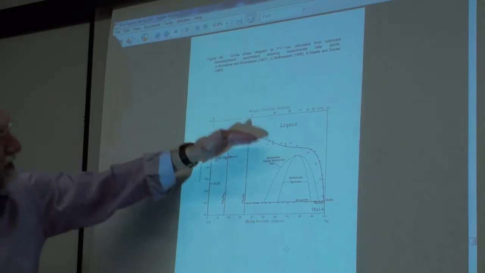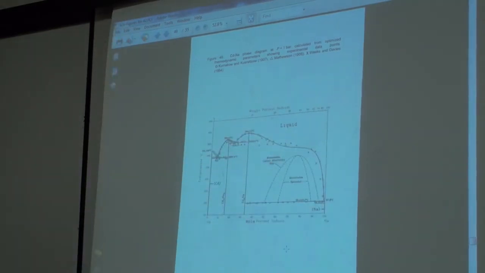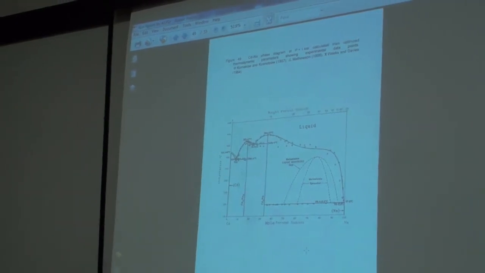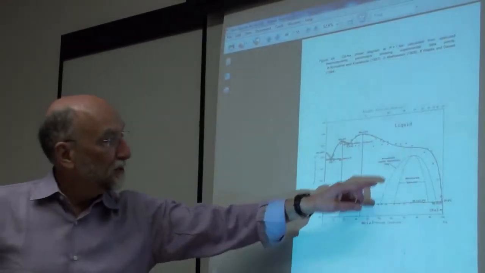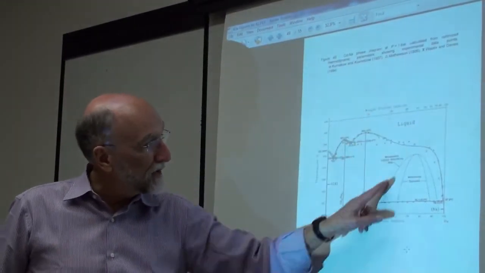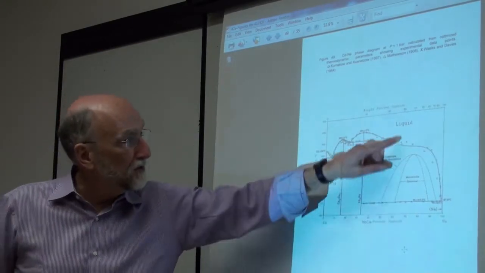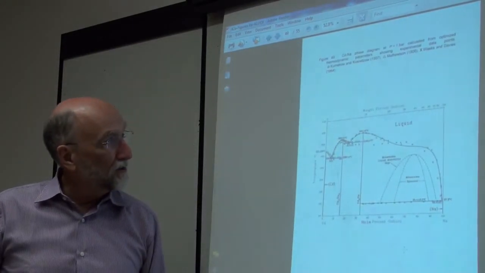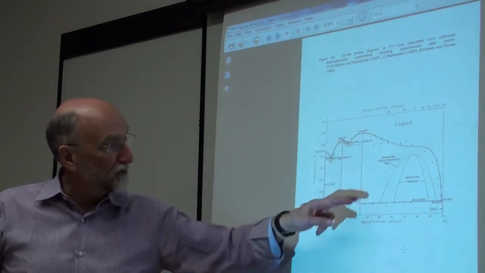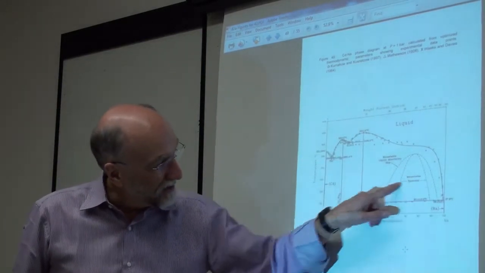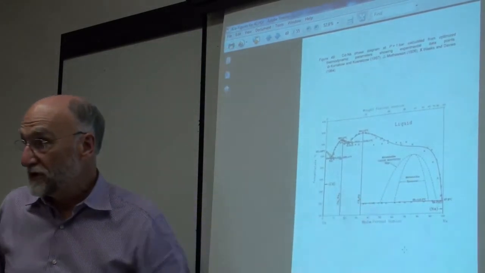This very flat liquidus here gives you some indication, in fact a strong indication, that you have positive deviations in the liquid, a tendency to demixing. And in fact, this is calculated, but you see that just below the liquidus you actually have a metastable miscibility gap. If you were to cool the liquid very rapidly, such that you suppress the formation of the solid, you would have a two-liquid region here.